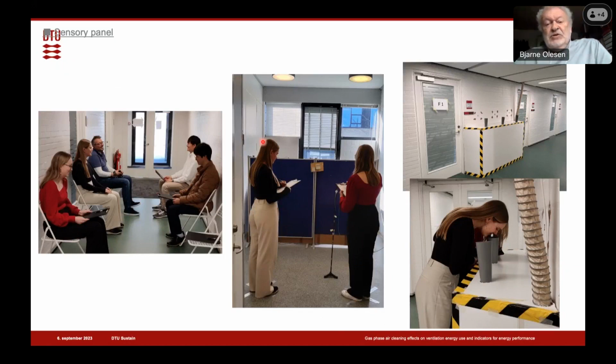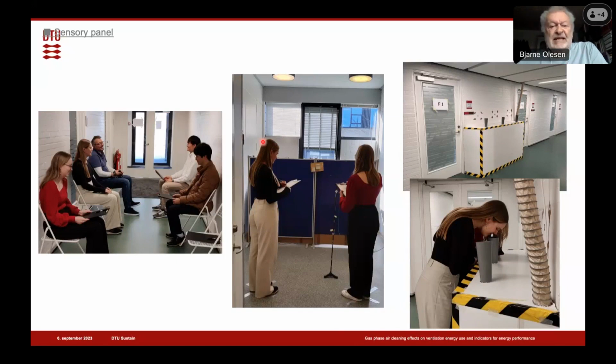And we're using people in two ways, because the most common source of pollutants in the space is the emission from people. So to do a test, you need emission from people, emission from the building, and you need people to evaluate the performance.